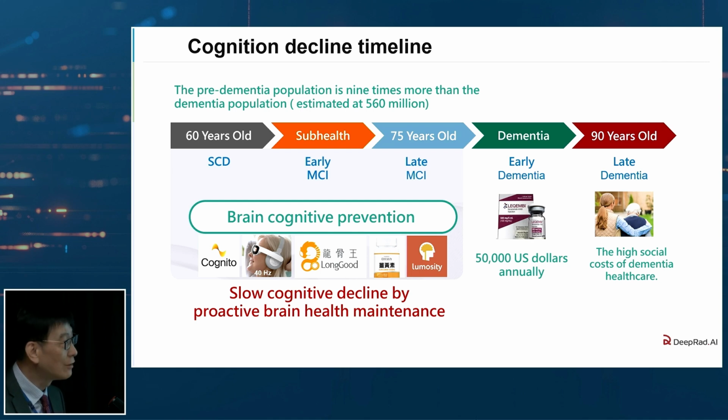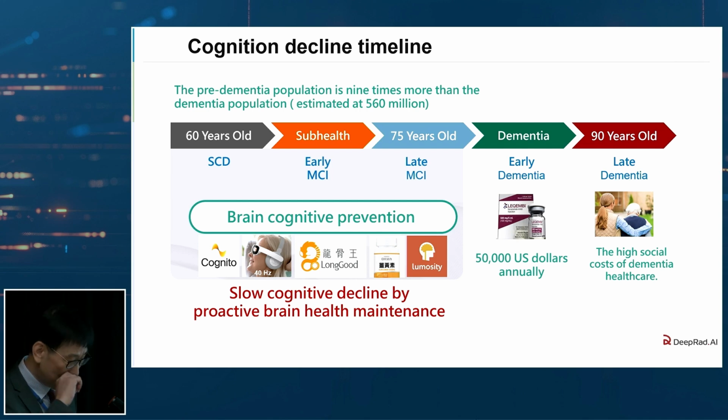There are several papers in Science and neuroscience journals. There are a lot of big papers published regarding how to do this. One of these is the 40 hertz auditory stimulation. Some others, like Lumosity, a big company, and some supplements like curcumin or recently ergothioneine.